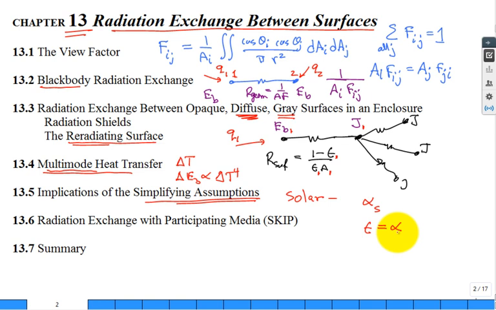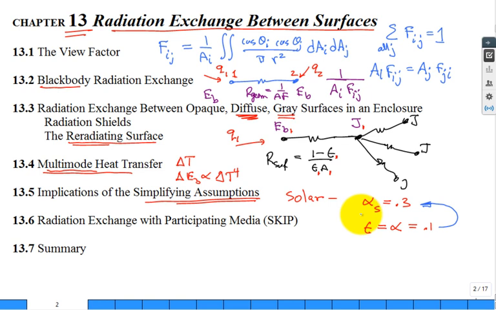Maybe this is, I don't know, 0.1, and yet the solar absorptivity is 0.3. A common mistake is they'll assume the solar absorptivity is equal to the absorptivity, assuming radiative exchange maybe in the 300 or 400 Kelvin range, where it's long wavelength radiative exchange, and you get this gray diffuse assumption.